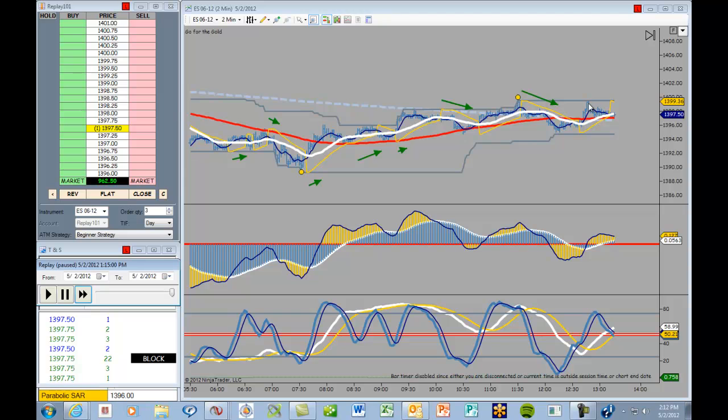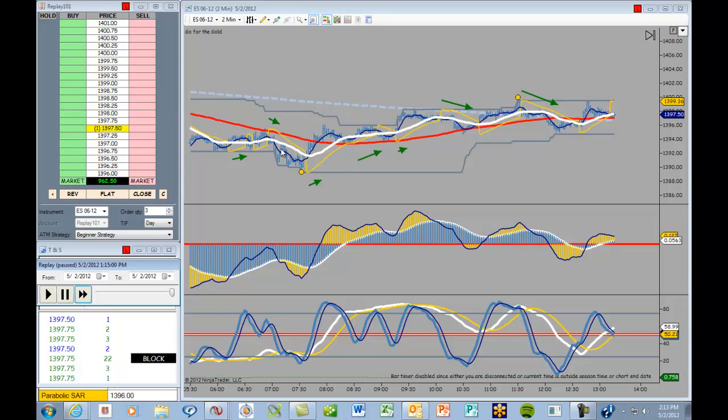Now, this high, it's hard to tell, but it did not take out this high. It might have tied it. We'd have to use the price data screen to know for sure. But that means that this could be wave 1 and wave 2, and the sell-off for wave 3 is going to happen in the aftermarket.